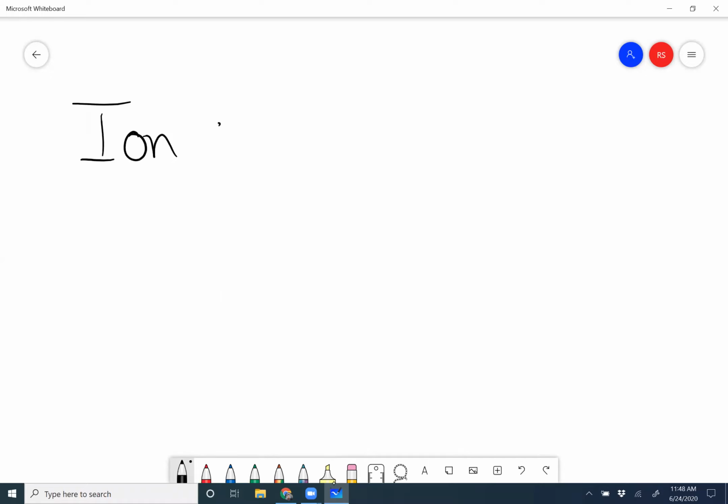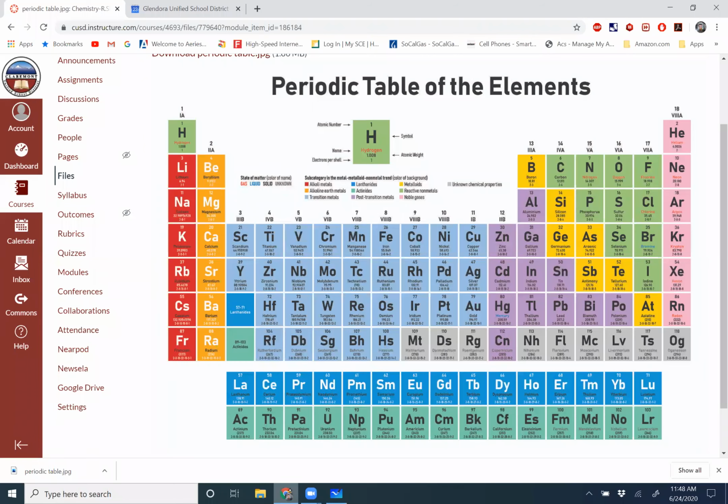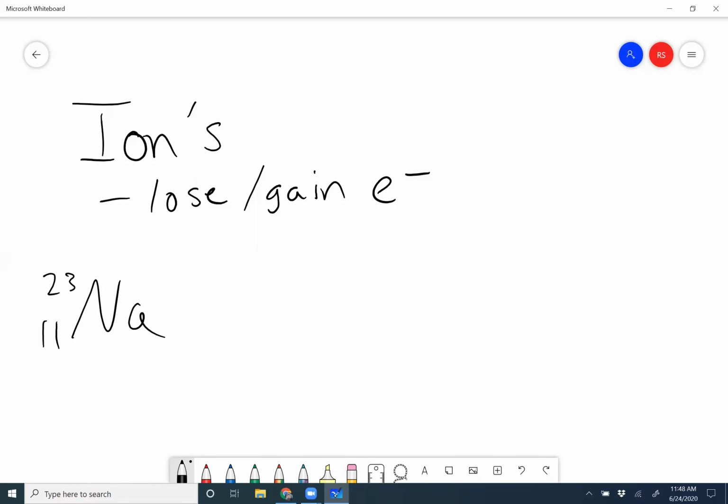When it comes to the world as you see it, very few elements are actually existing in their elemental form. Many of them are going to lose electrons or gain electrons to make themselves happy. So a good example of this is sodium. Sodium is normally 23 and I believe it's 11, which means that its protons are 11 and its neutrons are 12.